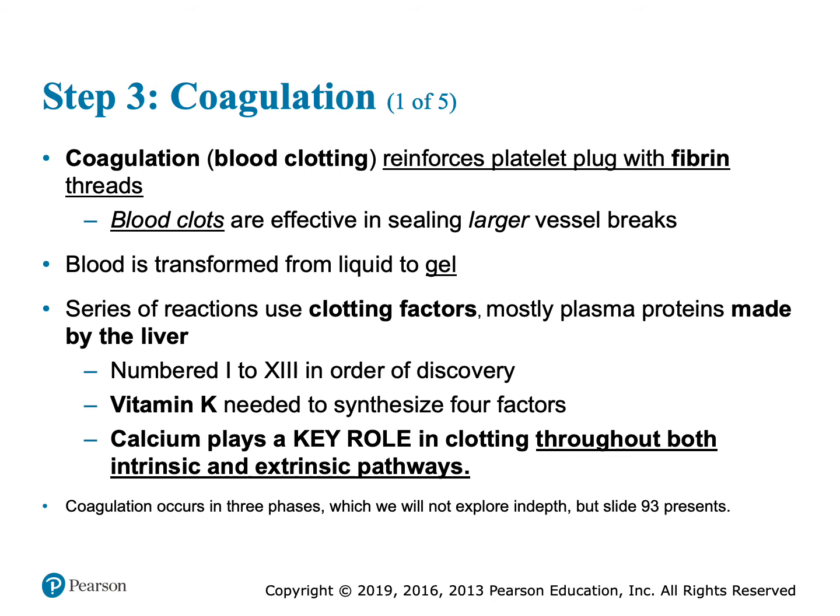So we're going to have a huge cascade of events that you do not have to memorize. You do need to remember the liver makes most of those clotting factors. They have numbers, 1 through 13.